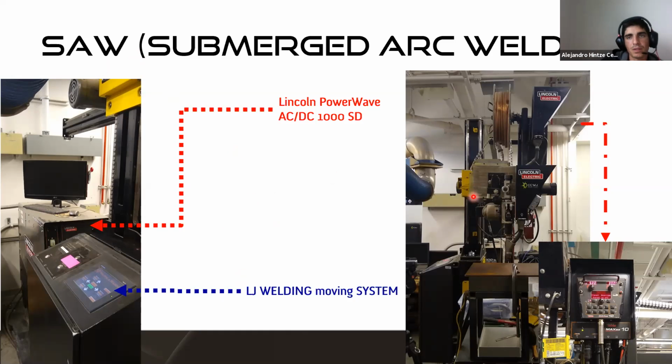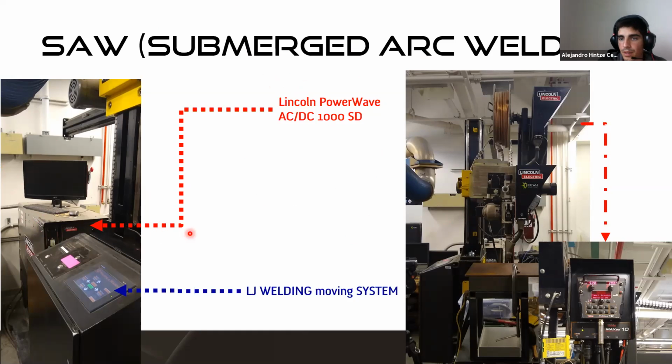For this type of weld, SAW, it's an automated process in the sense that it cannot be hand operated. Although I think we mentioned that back in the day in Russia they tried to do it hand operated. For this process you need a power source, which in this case is a Lincoln Power Wave AC/DC 1000 SD, the one you can see here under the computer monitor.